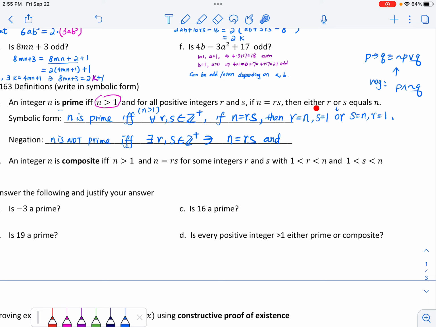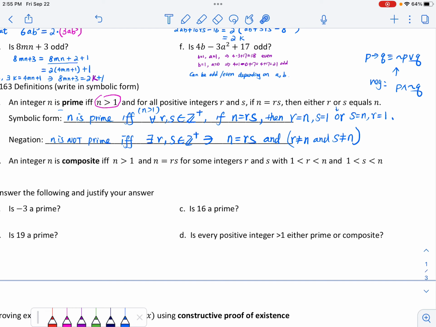That means when you negate this, r is not equal to n and s is not equal to n. In other words, none of these is n. Then you can say this is not prime.